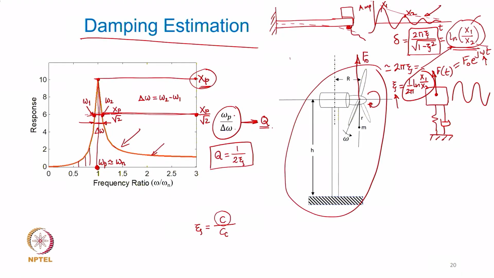Now, you imagine if you want to use the same thing in a structure like a wind turbine, will you be able to push that wind turbine and let it vibrate like that? It is not possible, right. So, for bigger and more complex systems, that particular approach of finding out the damping ratio is not viable. But in lieu of that, what you can do in this case is to operate this turbine or this particular structure at different rotational speeds, and then get this kind of a plot.